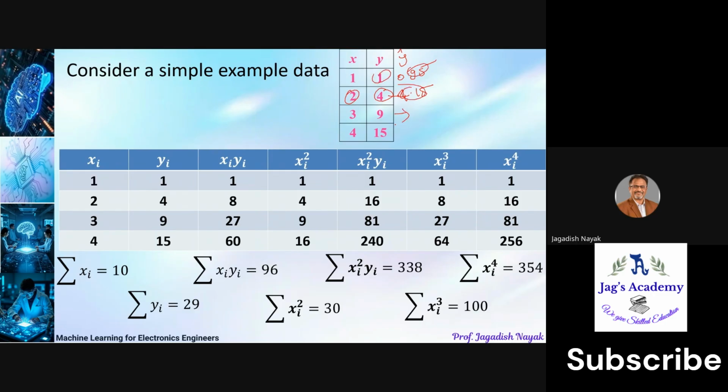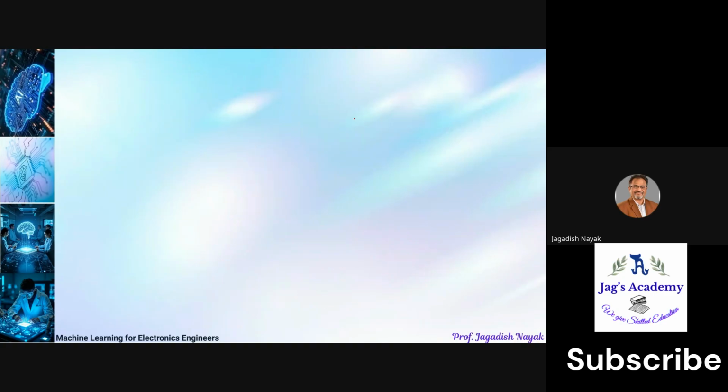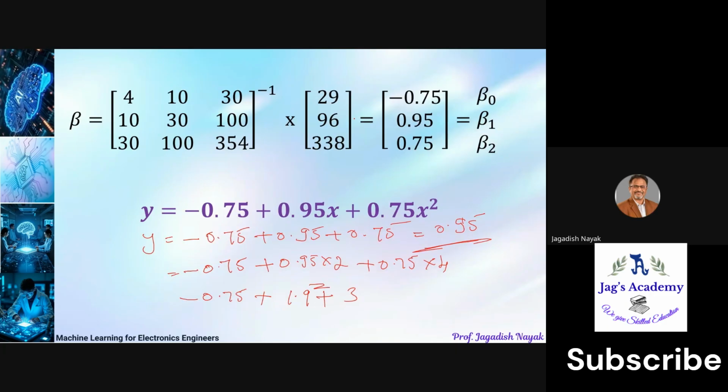So this is the way you can implement polynomial regression to find the best fit, the best curve fit for the data you have. So this completes your entire linear regression.